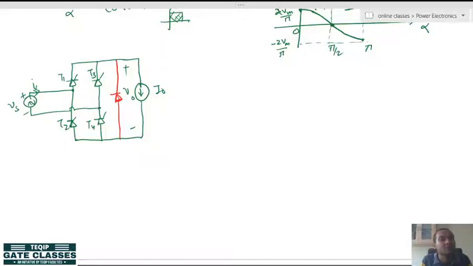The load voltage becomes 0 when the freewheeling diode comes into action, when the freewheeling diode is on. And second thing, the load voltage does not become negative, and no device has to remain forcefully turned on, because now the current path will be provided by this freewheeling diode to the inductor.